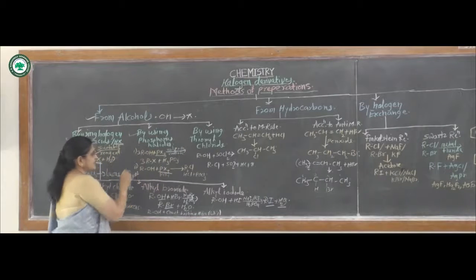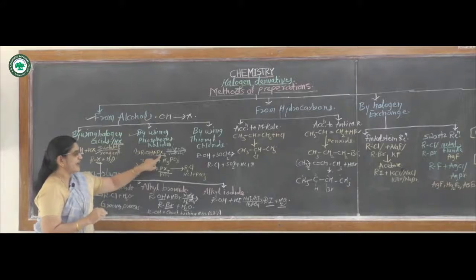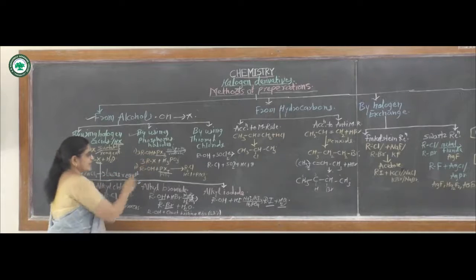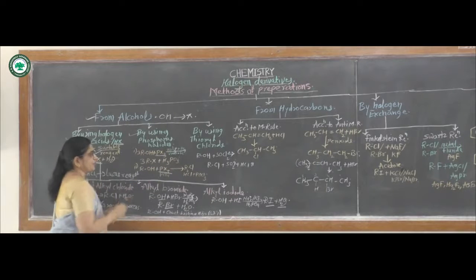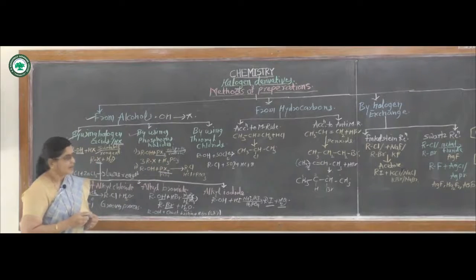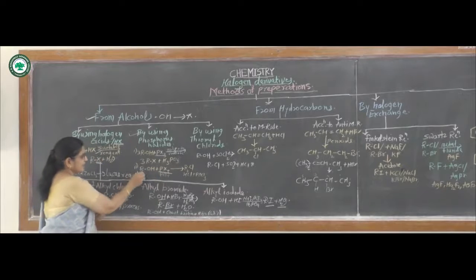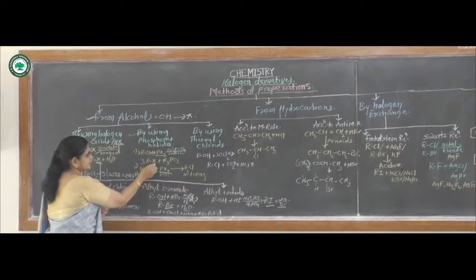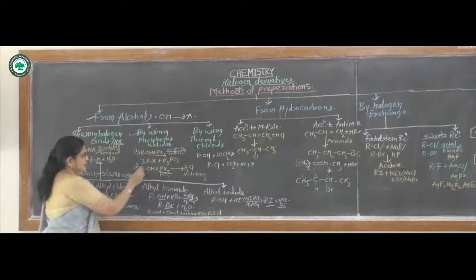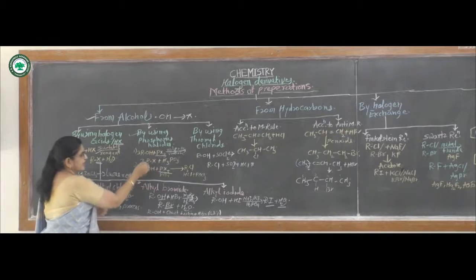That means in the first reaction, three ROH plus PBr3 gives alkyl bromide plus H3PO3, that is phosphorus acid. Then again, if alcohol reacts with phosphorus triiodide, it gives alkyl iodide.